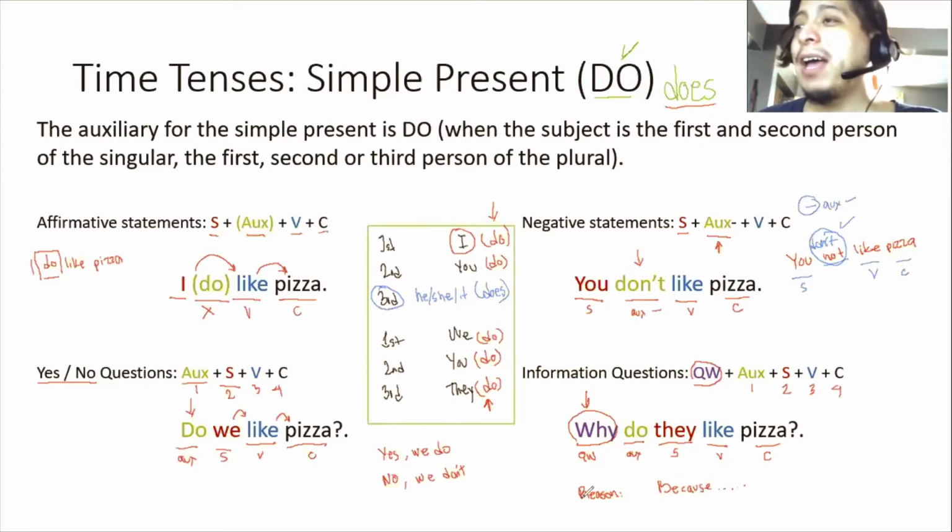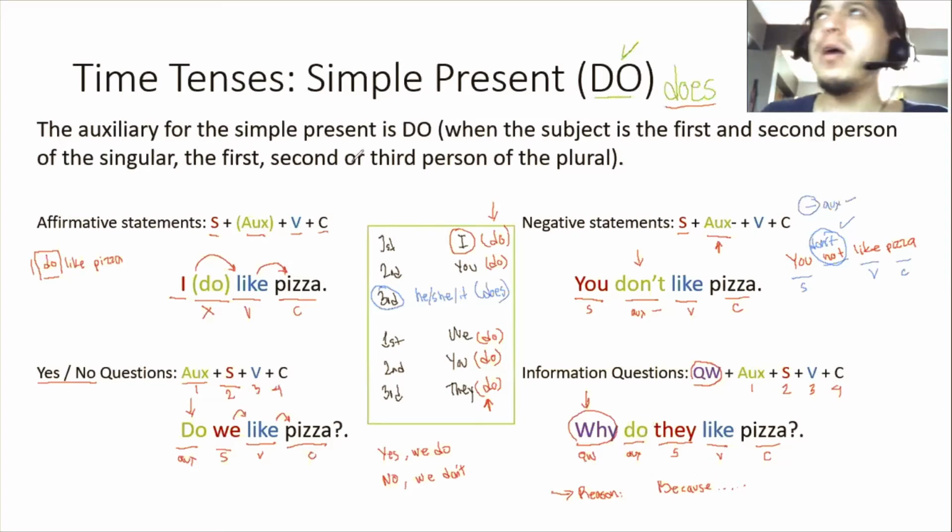They have to give you the reason. If you start with when, they are going to tell you the time. If you start with who, they are going to tell you the subject, so you wouldn't have the subject. If you ask where, they are going to tell you a place. If you ask why, they are going to tell you a reason. Okay? Again, question word, auxiliary is mandatory, subject, verb, and complement.